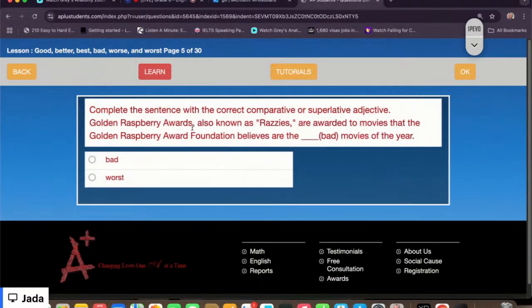The Golden Raspberry Awards, also known as Razzies, are awarded to movies that the Golden Raspberry Award Foundation believes are the dash movie of the year. So bad.